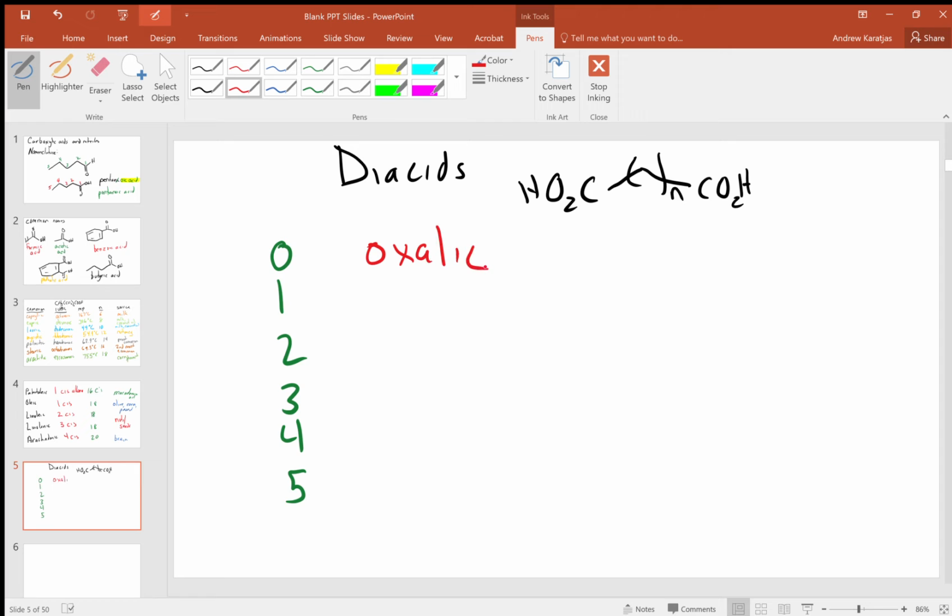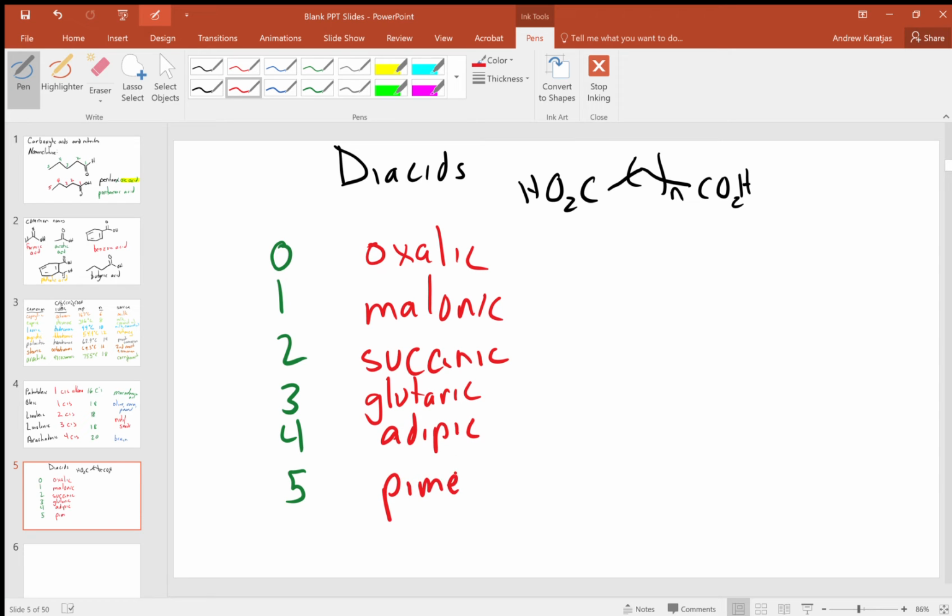And those are oxalic, malonic, succinic. And things like malonic acid and succinic acid, we see a lot of them as well as their derivatives in biological processes. Glutaric, adipic, and pimelic. And in a moment, I'll give you a bit of a strategy to help remember these names.